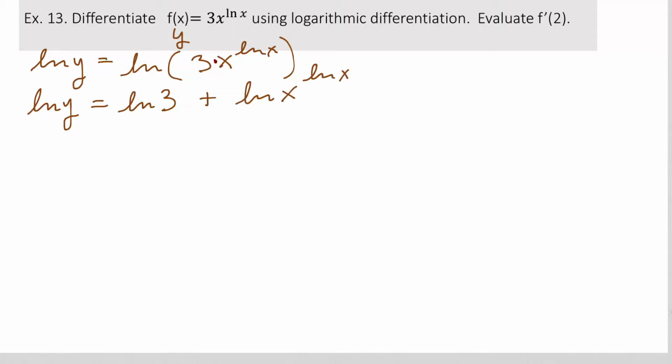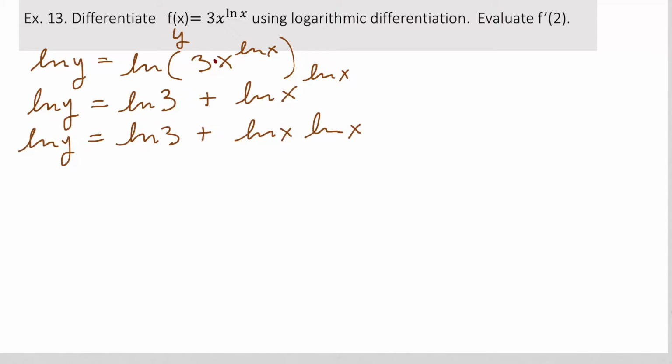All right, so I can see that I have a power here, ln of x, that I can pull out in front of the ln. So one more thing I see I can do, bring the power of ln of x down here in front, and I've got the ln of x times the ln of x.